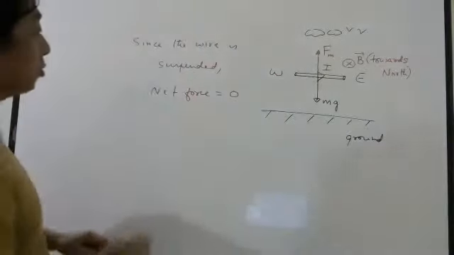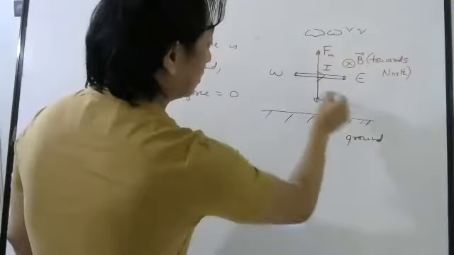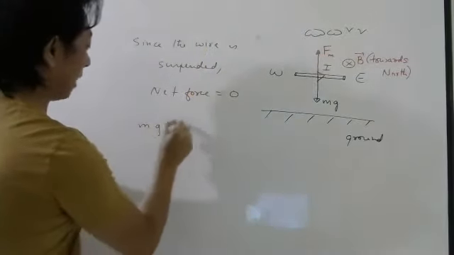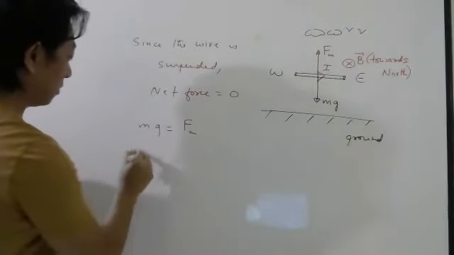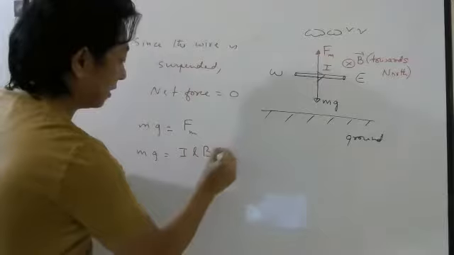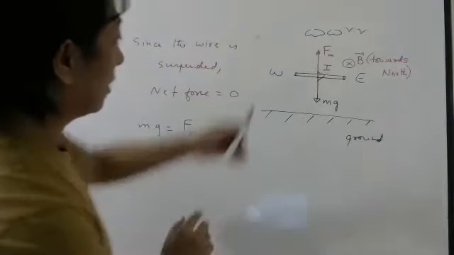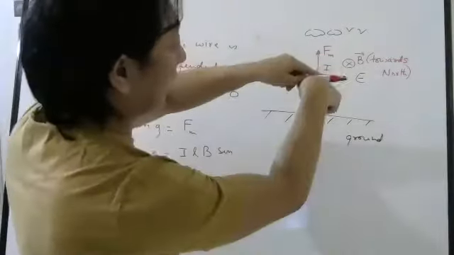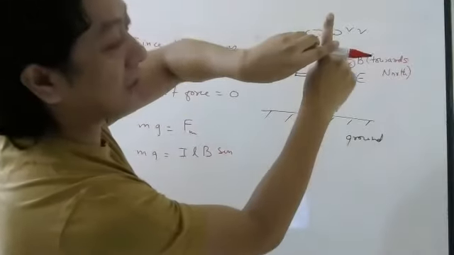For net force to be 0, this magnitude should balance this magnitude. So mg should be balanced by the magnetic force. What is the formula for magnetic force? ILB sine of the angle. Current is here, magnetic field is inside, so the angle is 90 degree.